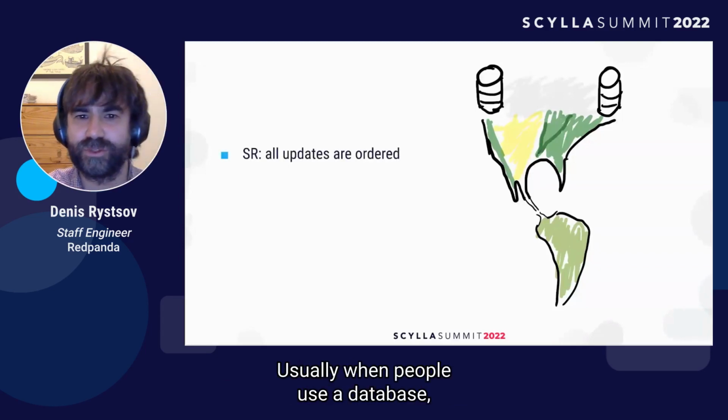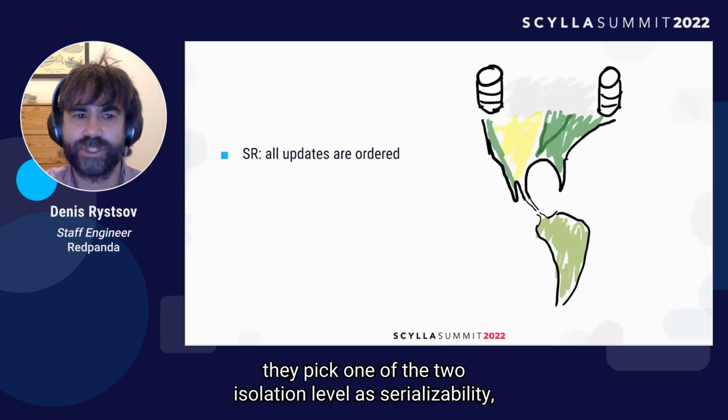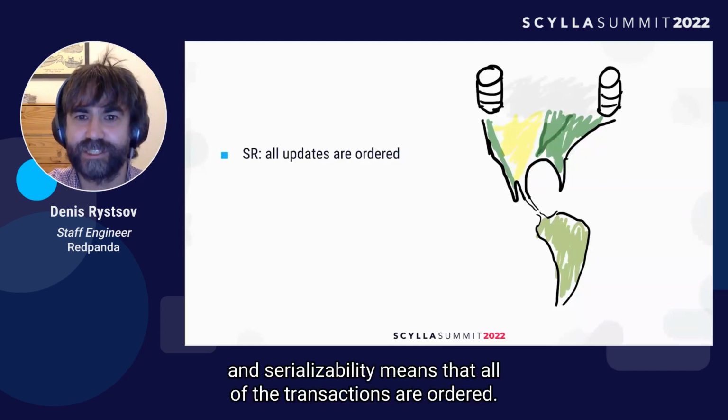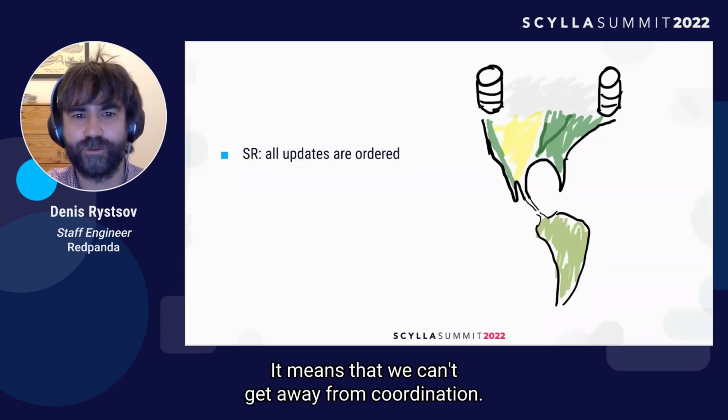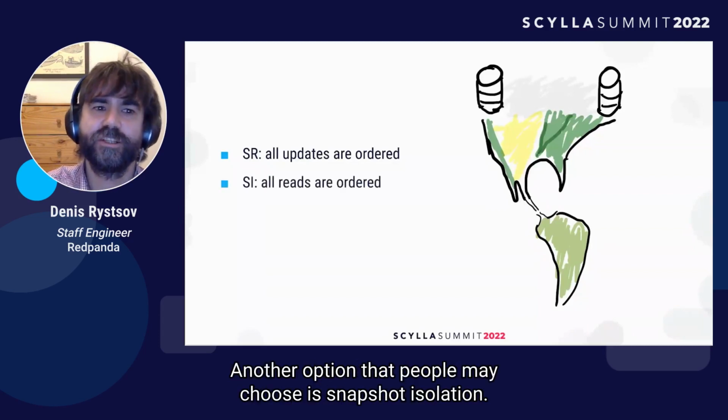Usually when people use a database, they pick one of two isolation levels. Either serializability, which means that all of the transactions are ordered, so we can't get away from the coordination. Another option is snapshot isolation.